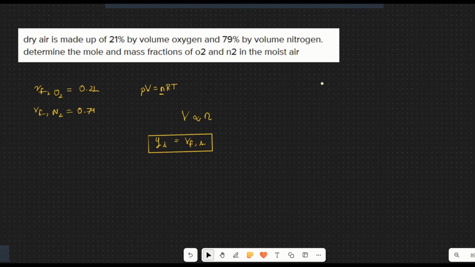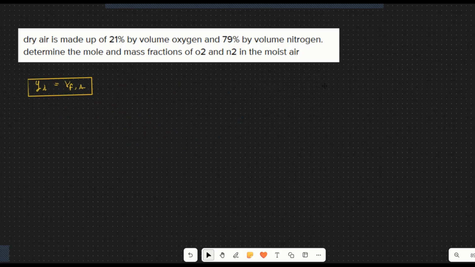So this is now pretty easy to solve for the first part of the problem. We're going to take this and establish that if the molar fraction is equivalent to the volume fraction, then the molar fraction of oxygen is equivalent to the volume fraction of oxygen, which has already been established to be 21% or 0.21, and the same goes for nitrogen.